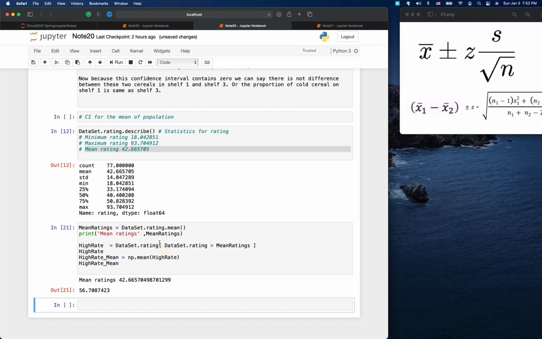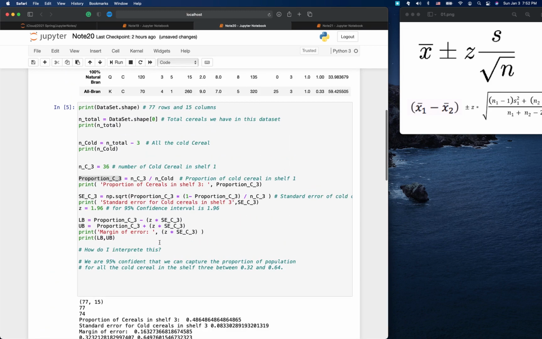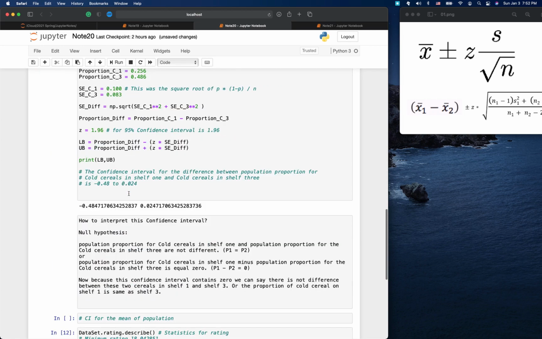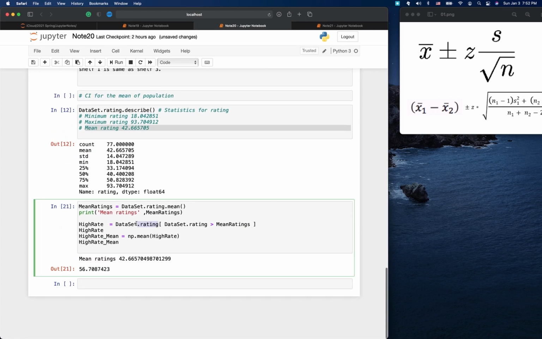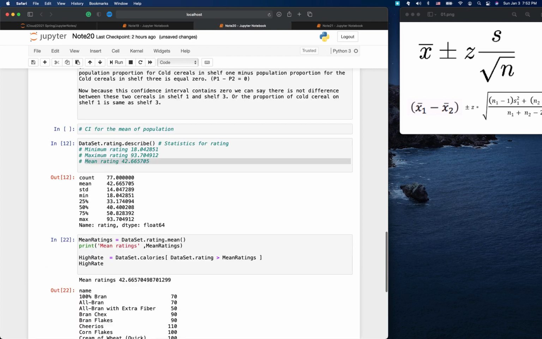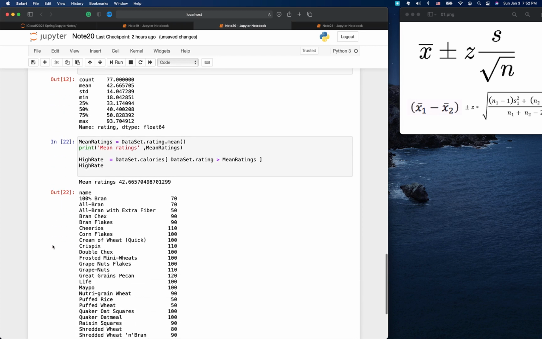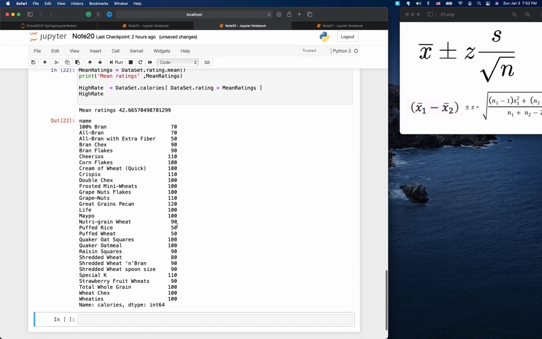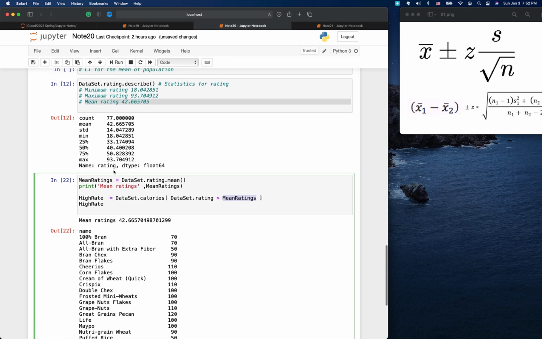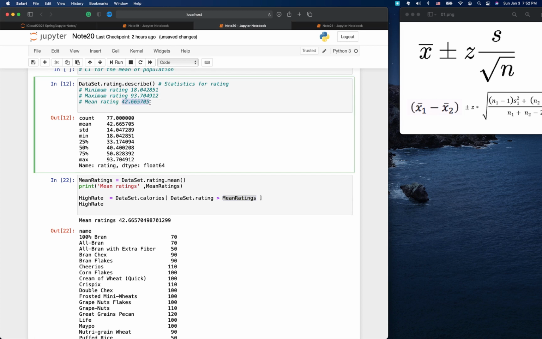So what I want to do here, I will go back to the column and see what was the name of calorie. So I'm going to just separate the data set for the calories that have a rating above, what is that? Above 42.